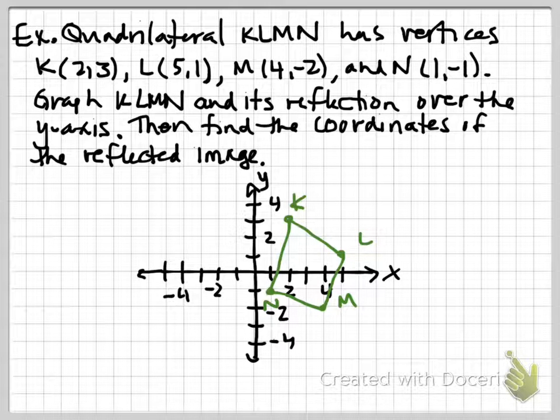Okay, looks like it might be a trapezoid. And then we're going to reflect it over the y-axis. So we're going to create K prime, L prime, M prime, N prime.